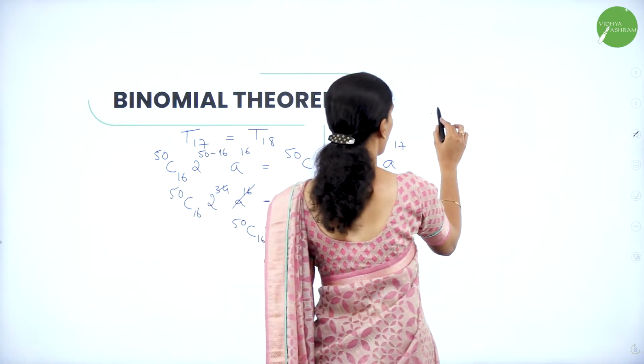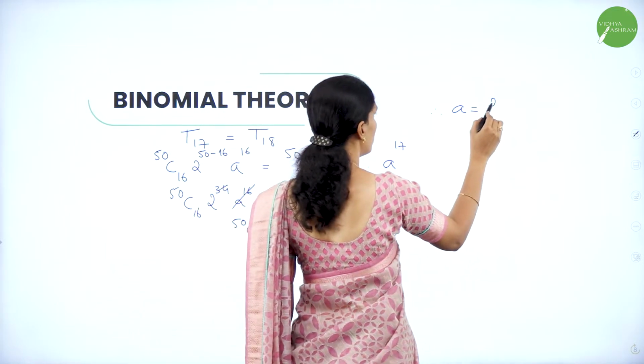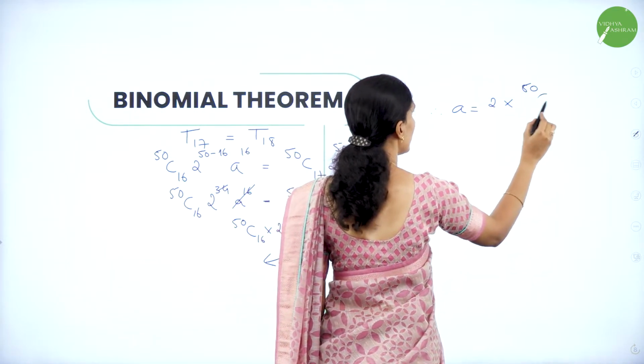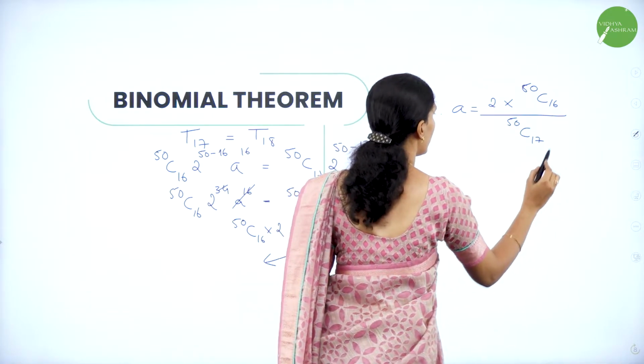So therefore A is equal to 2 into 50C16 whole divided by 50C17.